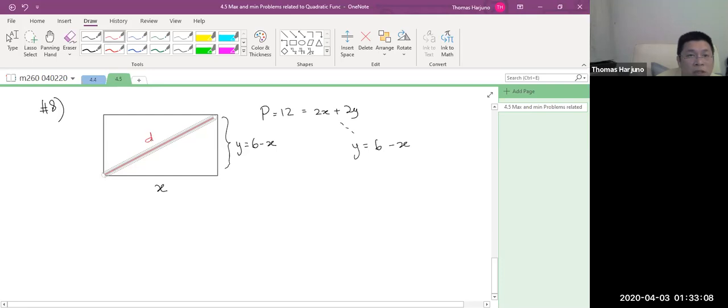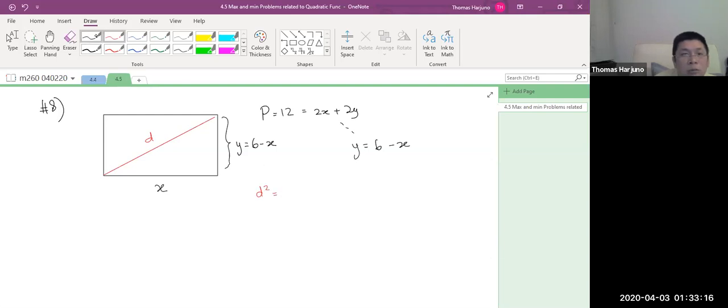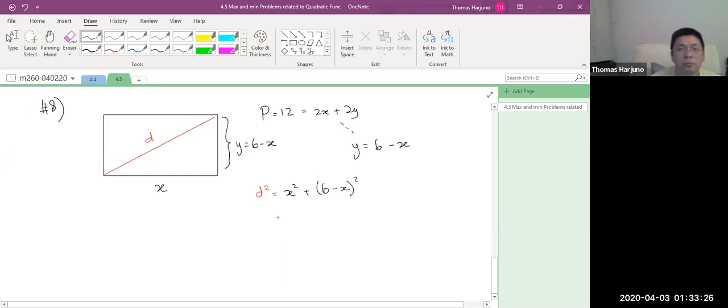Let's call this D here. Then D squared equals x squared plus 6 minus x squared. That's x squared plus 36 minus 12x plus x squared.